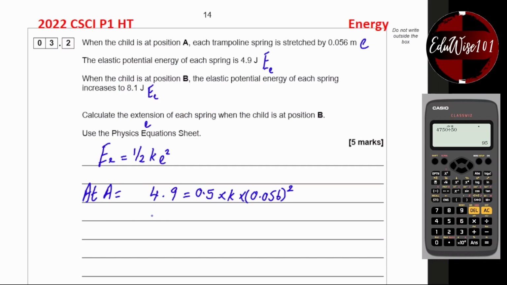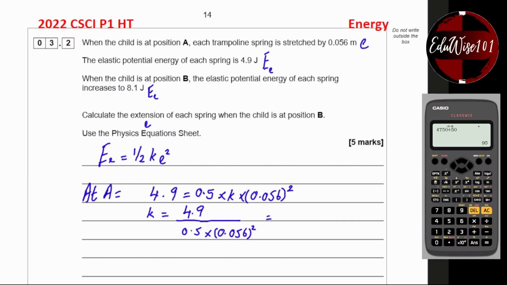So the spring constant k is 4.9 divided by 0.5 times 0.056 squared.